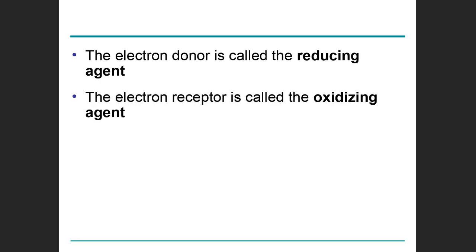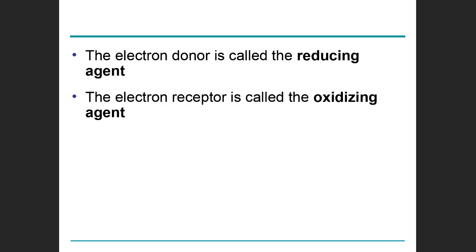Now here's a concept that's a little confusing. The electron donor is called the reducing agent. So the electron donor will become oxidized because it's lost an electron, but it's giving that electron to another molecule or atom, which becomes reduced. So the electron donor is called the reducing agent, even though the donor is becoming oxidized. It's reducing something else. And the electron acceptor is called the oxidizing agent.